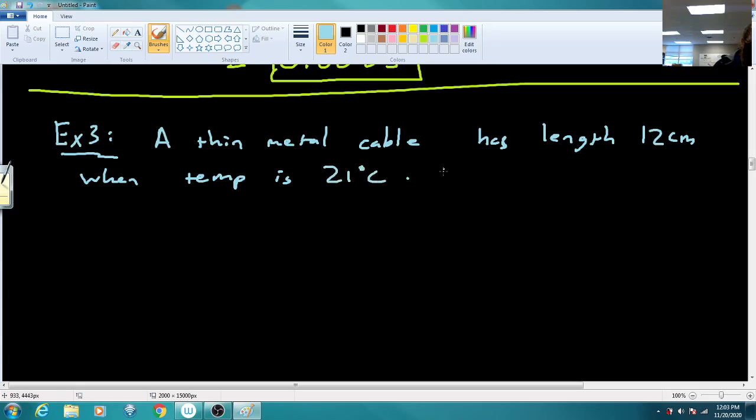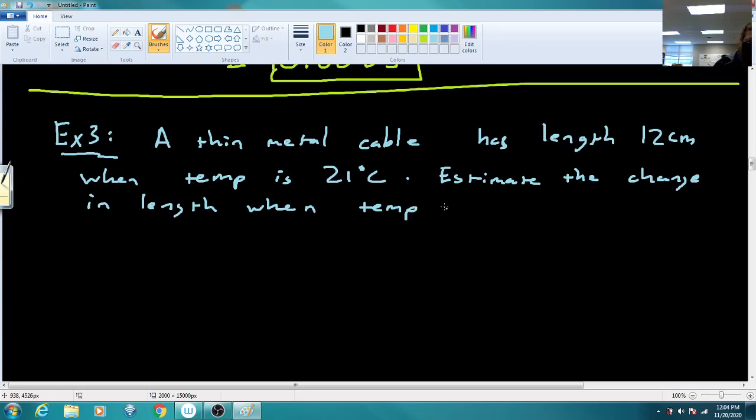And we want to estimate the change in length when the temperature is 24 degrees Celsius.